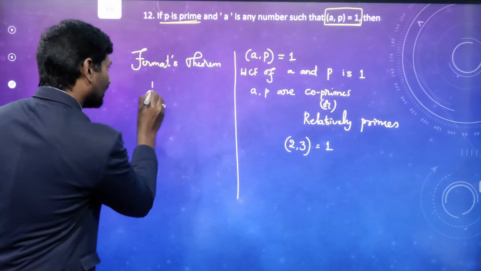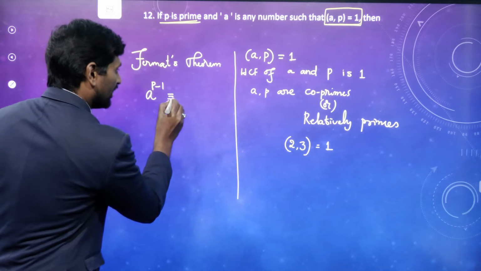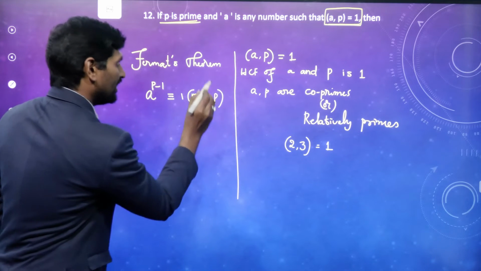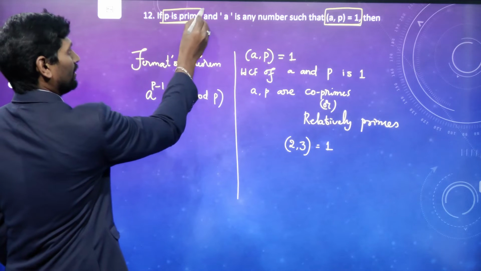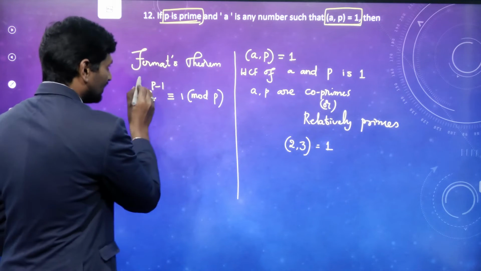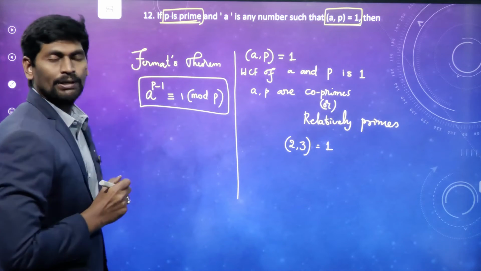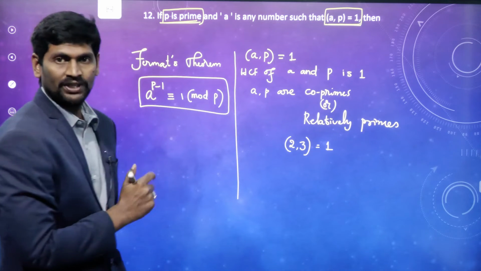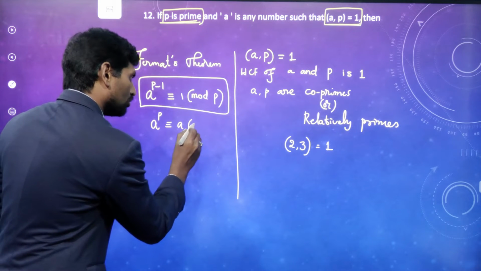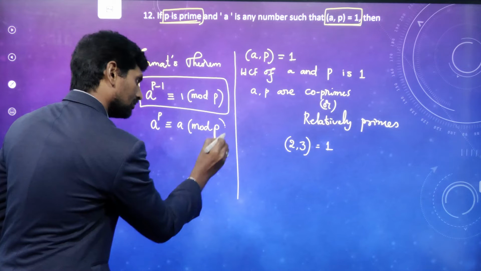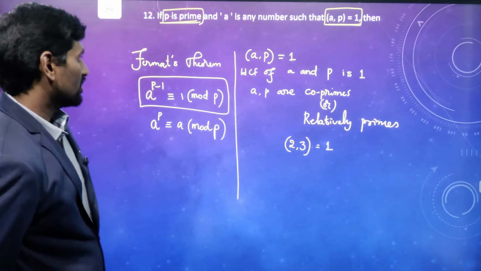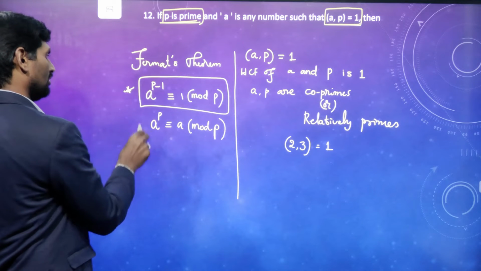If A power P minus 1 is congruent to 1 mod P, where P is a prime number and A is any number, we can write Fermat's theorem like this: A power P minus 1 is congruent to 1 modulo P, or A power P is congruent to A modulo P. So our required answer is this or this.